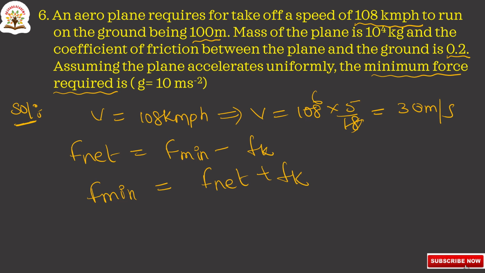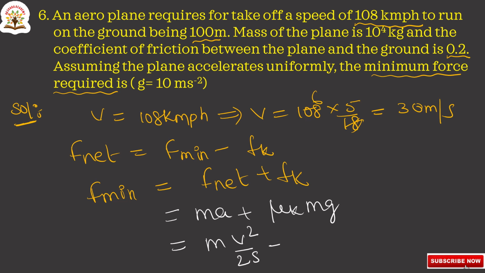So now we are writing F net nothing but ma, plus Fk nothing but mu k into mg. That is equal to ma, which we can write as v square by 2s, plus mu k into m into g.